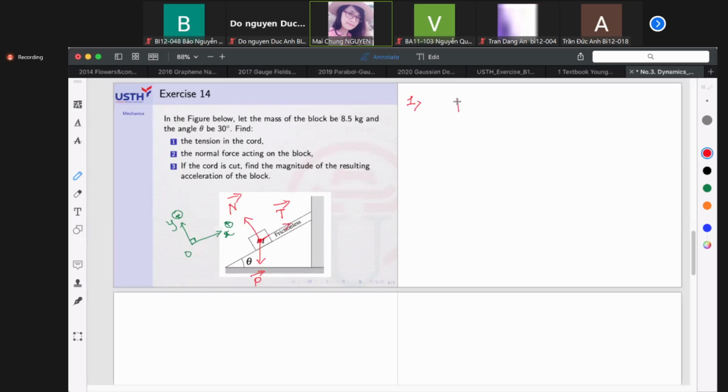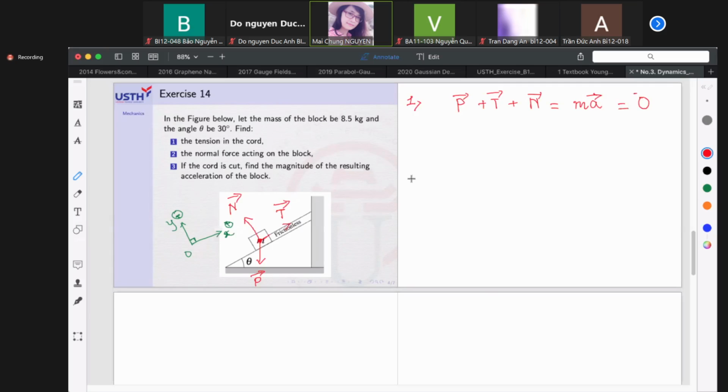Because we consider the axes like here, 3 forces act on the object, and the sum is equal to ma. But in this case, because the object is at rest, it's equal to 0.